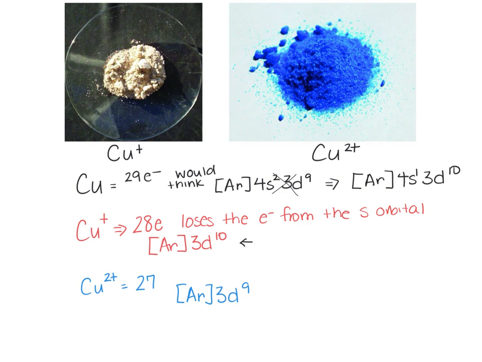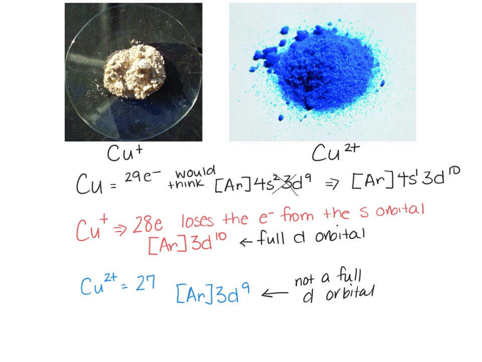So look, if we were to do the orbital diagram, this would have a full d orbitals. Every single orbital is full in that d shell, right? But here, this is not a full d orbital, right? That's the one that has color. That's the one that's blue.